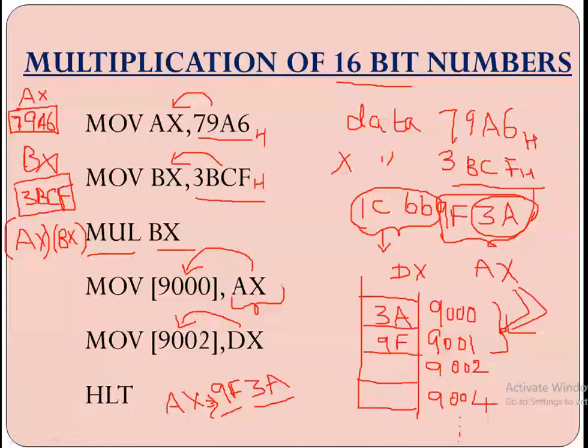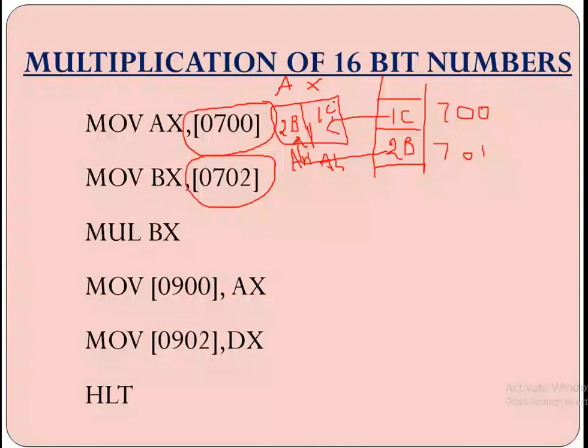So how will you check that? In 702, what is the data available, and in 703, what is the data available? Let me take it as 72, and next I'm taking 14.